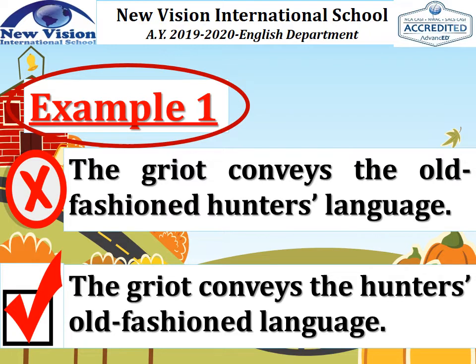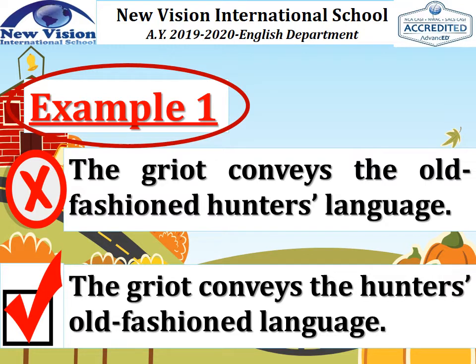Example number 1. The griot conveys the old-fashioned hunter's language. What is unclear in this sentence? The adjective old-fashioned refers to hunters, doesn't it? Which is very impossible. So, we try to correct this misplaced modifier in the second box.